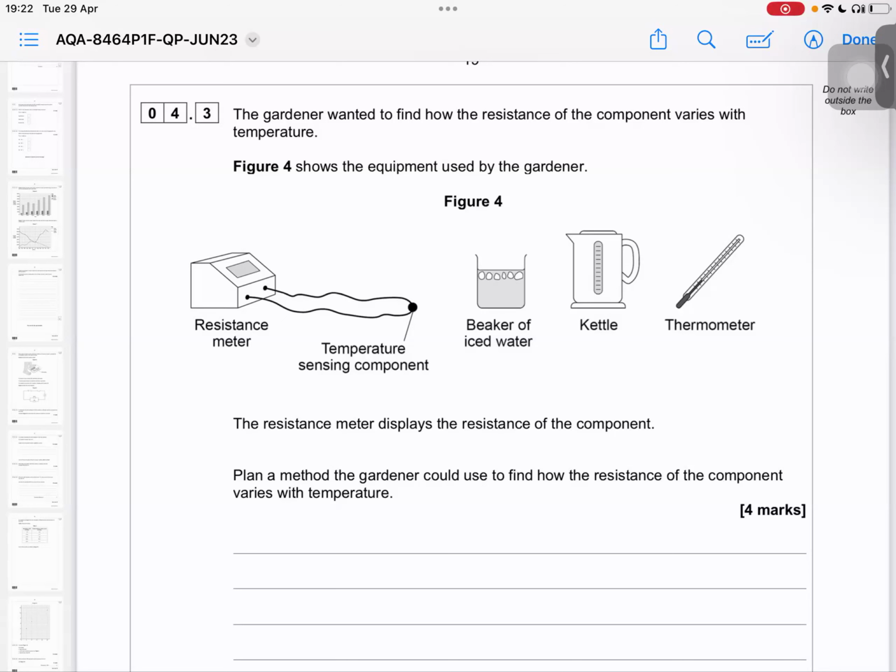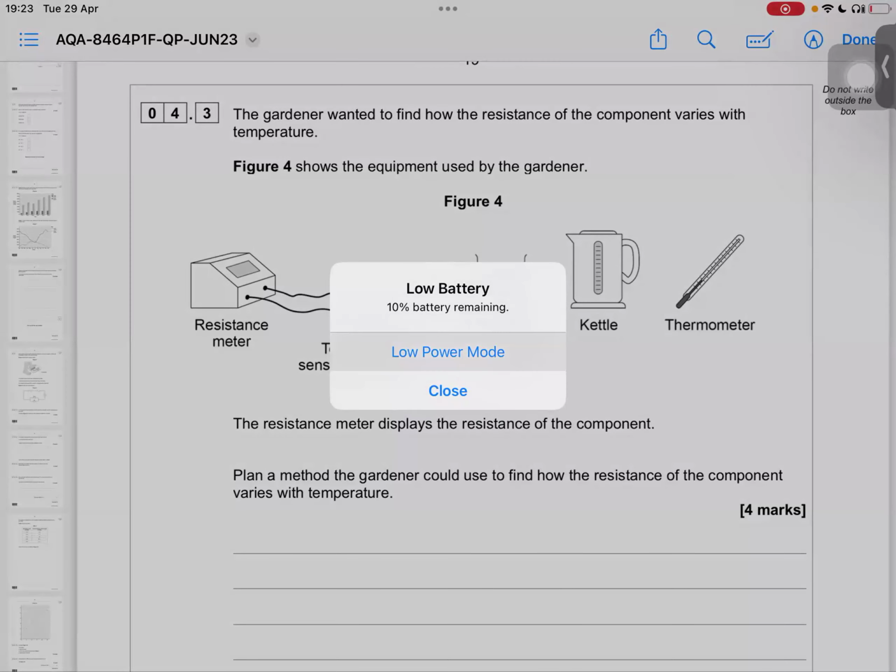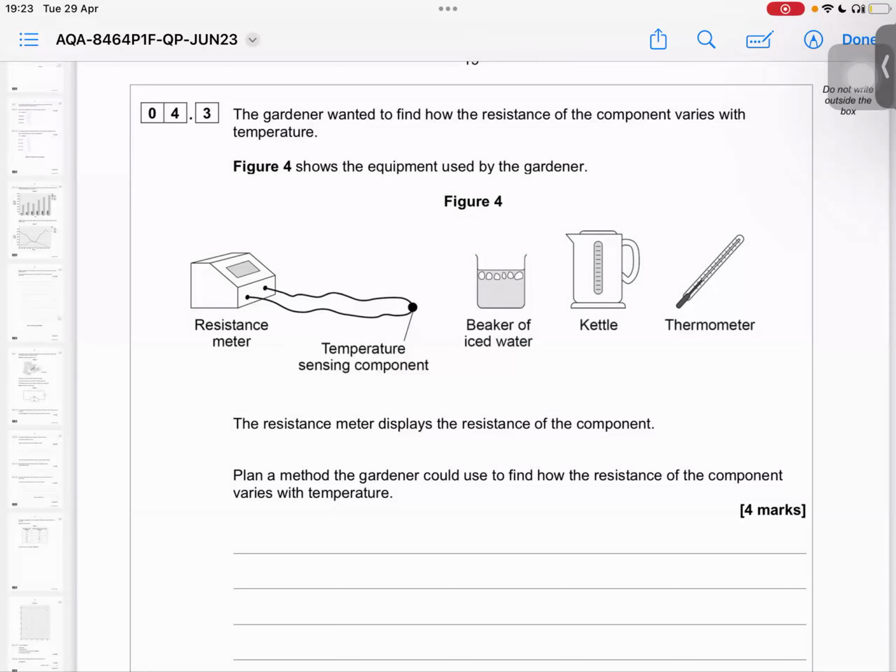So like I said, we'll start with the lowest temperature we can get, which is the iced water, right? By putting it inside the iced water, the gardener will record what the resistance is. Then after that, we would start introducing small amounts of hot water. Of course, how would we record the temperature? We will remember to use the thermometer.